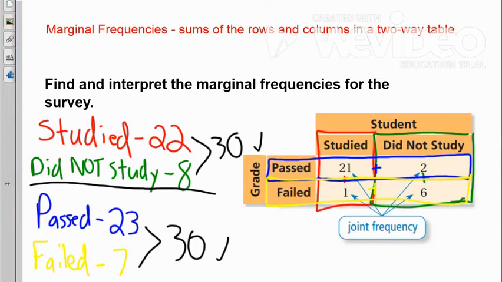Okay, so again, it's just being able to understand and interpret those things based on what you need to know. So you can now look at this and say, well, 22 studied, 8 did not, 23 passed, and 7 failed. So it actually has a pretty good correlation here. So if you studied, more often than not, you're going to pass. And if you did not study, it's a pretty quick correlation there as well that you are probably going to fail. It's a pretty easy table to read once you do that.